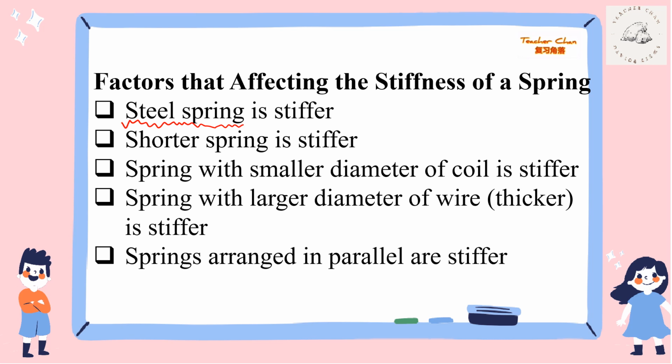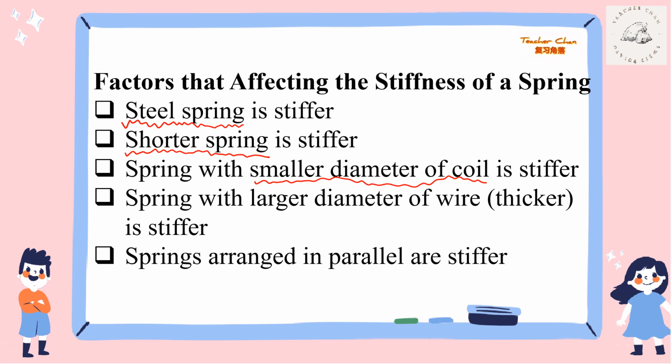Second, when we look at the length of the spring, the shorter spring is stiffer than the longer spring. When you look at the diameter of the coil of the spring, the spring with the smaller diameter of the coil is stiffer than the larger diameter of the coil.